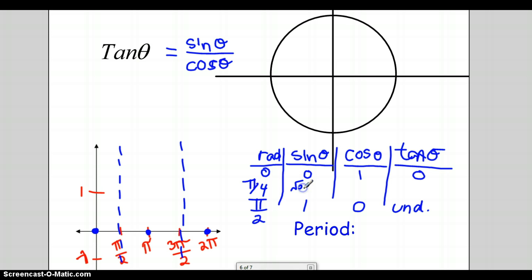Try to write it as neatly as I can in here. Okay? Cosine is the same. It is the same value at pi over 4 as sine is. So root 2 over 2, root 2 over 2. I divide those by each other, sine divided by cosine, I get 1. So at pi over 4, midway between 0 and pi over 2, I have a y value of 1.